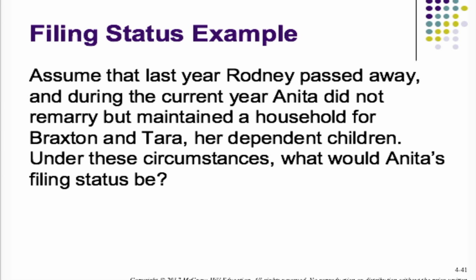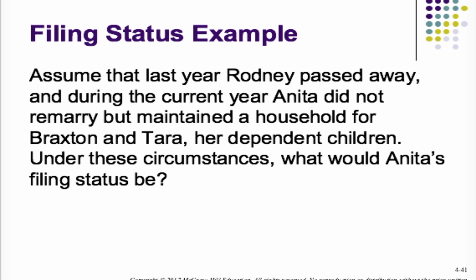Assume that last year Rodney passed away, and during the current year Anita did not remarry but maintained a household for Braxton and Tara, her dependent children. Under these circumstances, what would Anita's filing status be? Well, you're going to look at each of those possibilities. Rodney passed away. Anita did not remarry. Okay, so right there, you know Anita was married to Rodney.